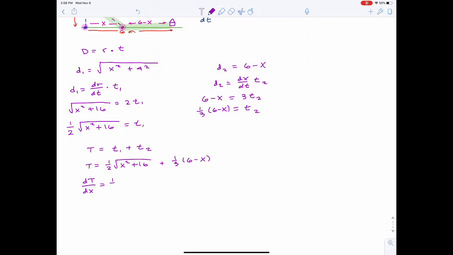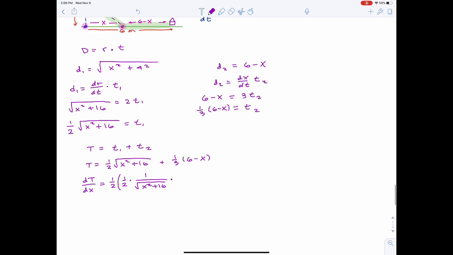So I get 1/2 times the derivative of that function, which is going to be 1/2 times 1 over the square root of x squared plus 16 times the derivative of the inner, which is 2x. Hopefully that is right. I'm pretty sure it is. And taking the derivative of the second function, I get negative 1/3.